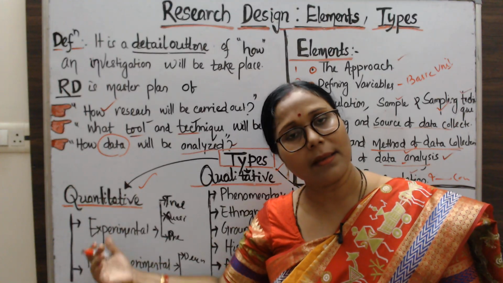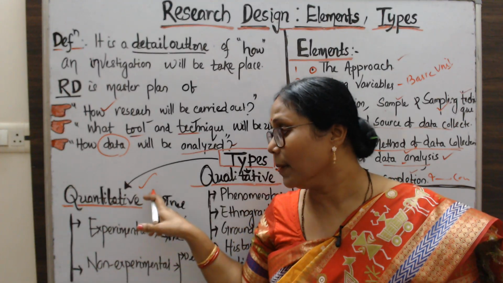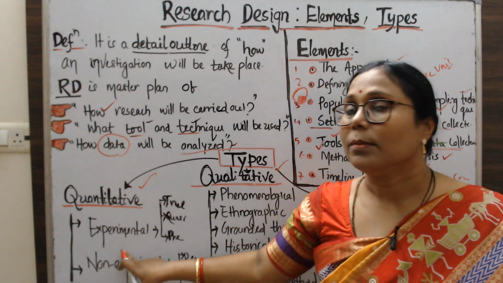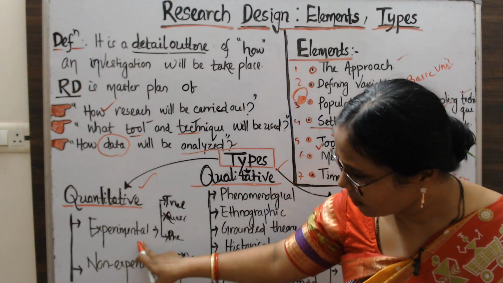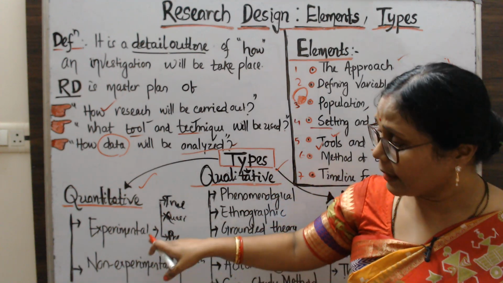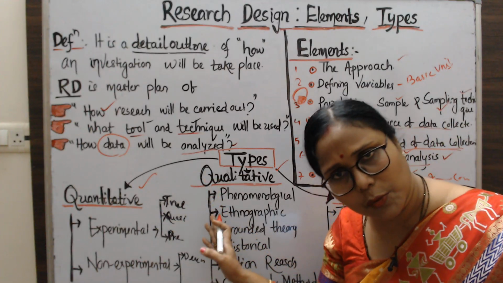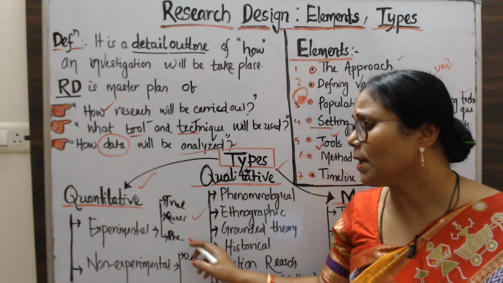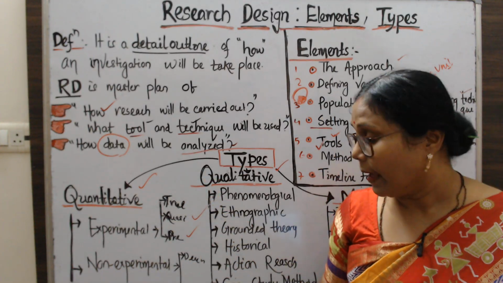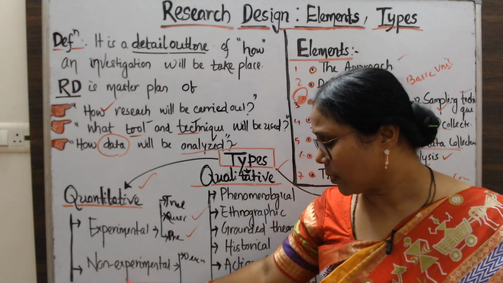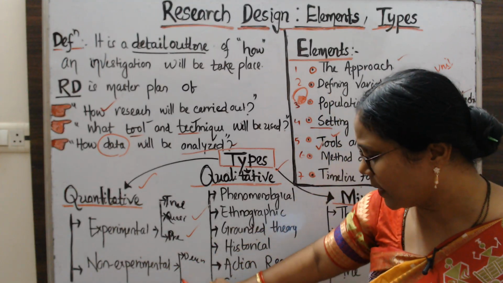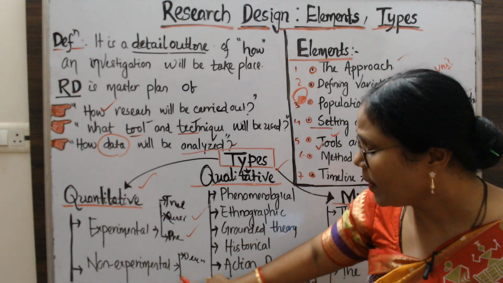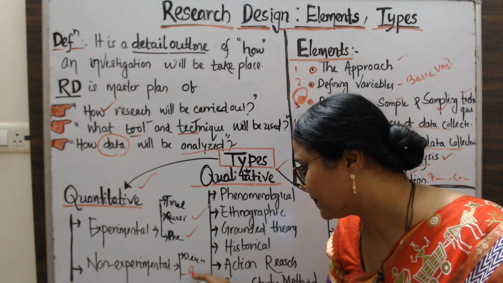So this is called the measurable form. It is again divided into experimental and non-experimental. Experimental is subdivided into true experimental, quasi-experimental, and pre-experimental. And the non-experimental is again subdivided into two types: descriptive and analytic.